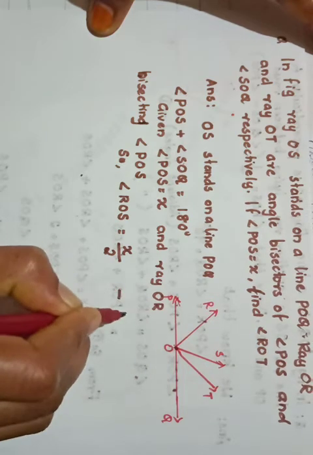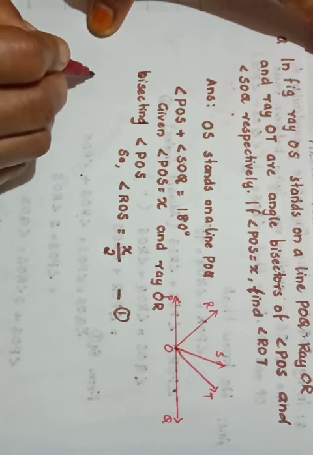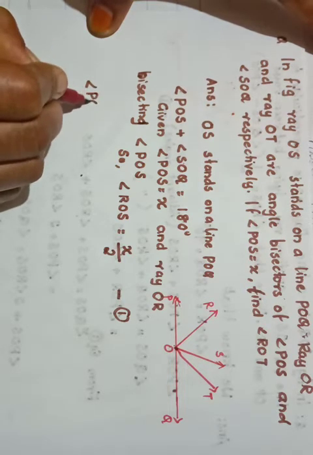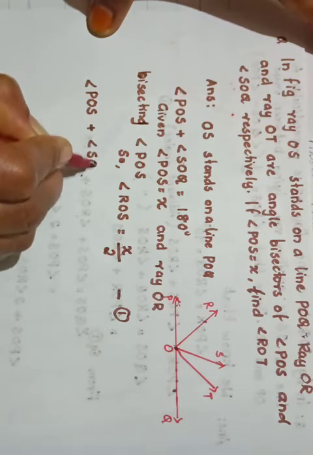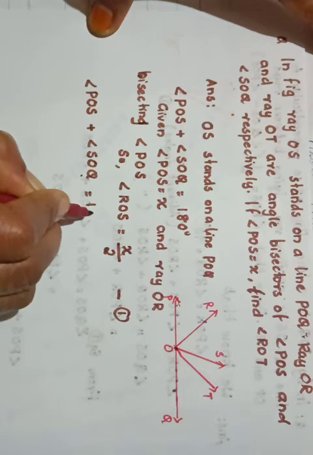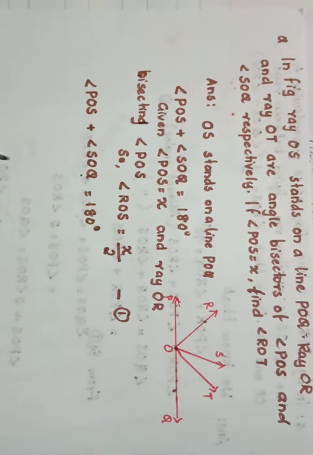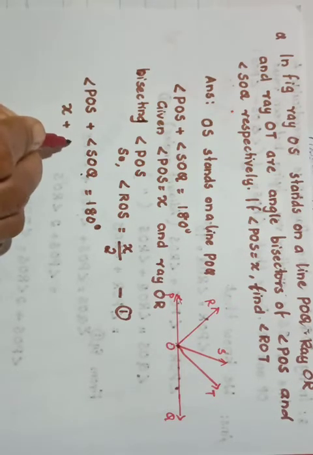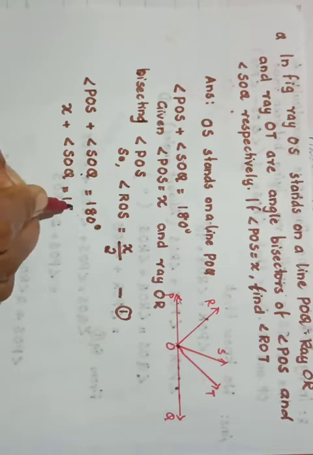Okay, let us take like this. Now just before we got a linear pair, that is POS plus angle SOQ is equal to 180 degree, and we know that angle POS is X. So x plus angle SOQ is 180 degree.